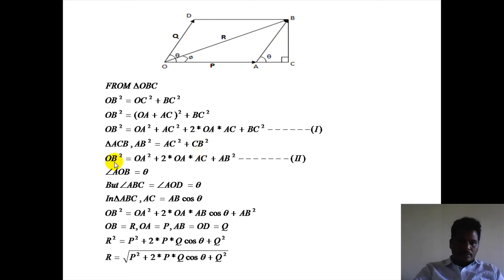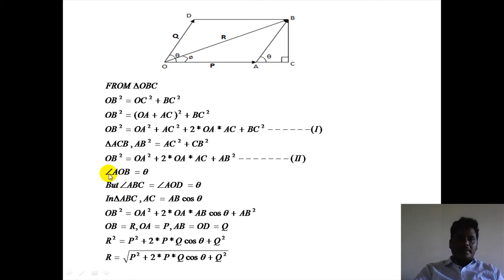Now OB square is equals to the first equation. In place of AC square plus BC square, I am substituting AB square. From this, OB square is equals to OA square plus AB square plus 2 OA AC. Consider it as the second equation.